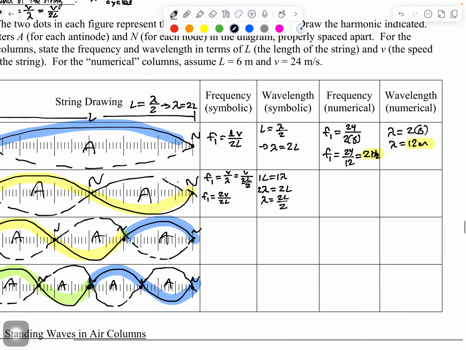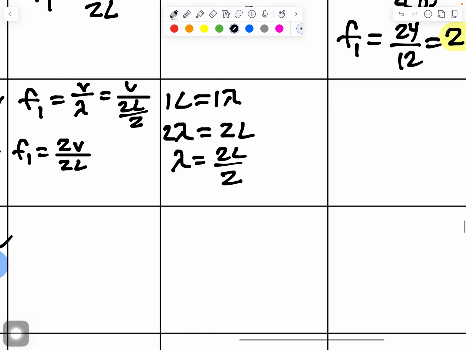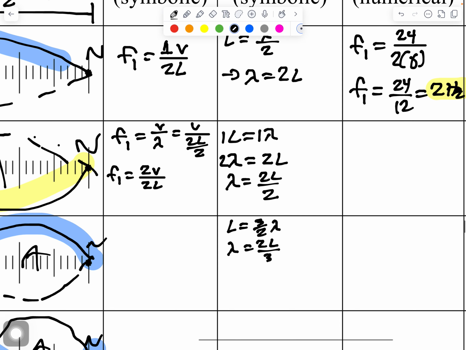In the case of the third, I'm looking at the whole length being 1.5 cycles, or 1.5 wavelengths. The whole length is 1.5, or 3/2, of a wavelength. That means the wavelength is, if I multiply by 2 and divide by 3, 2/3 of L, or 2L over 3. So I'm going to take that and plug it right here.